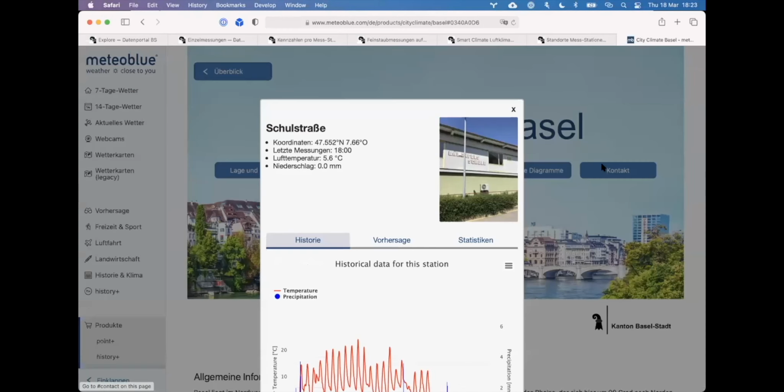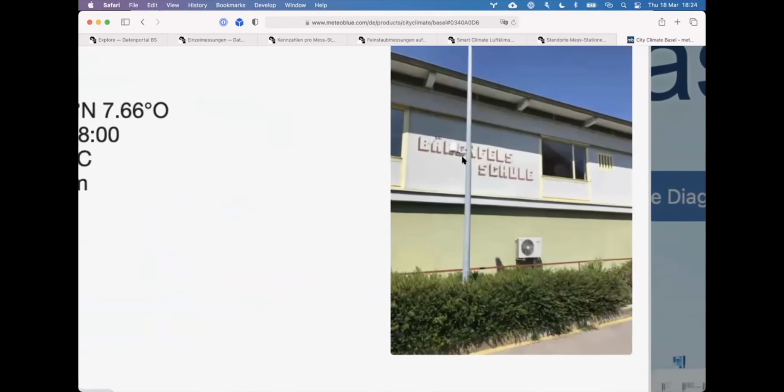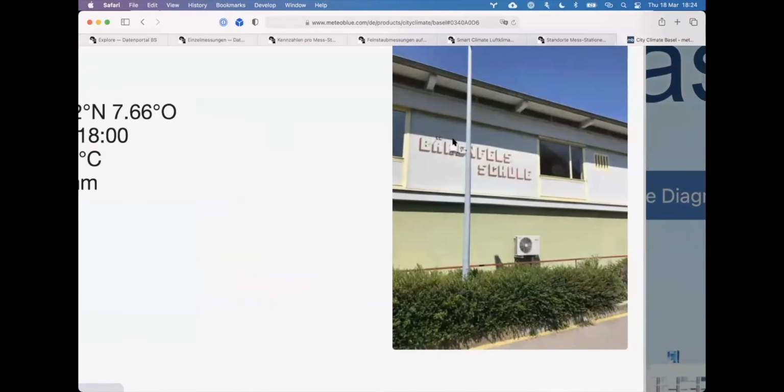MeteoBlue is the company who actually pays for and set up these smart city climate stations. If you zoom in here, they look like this. So the chances are high that you have seen those around your neighborhood. I know some people have some of those in front of their house.